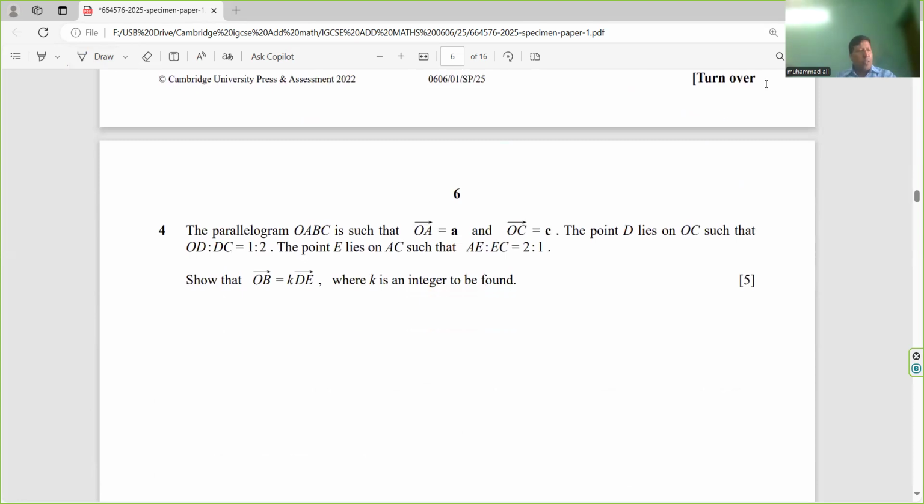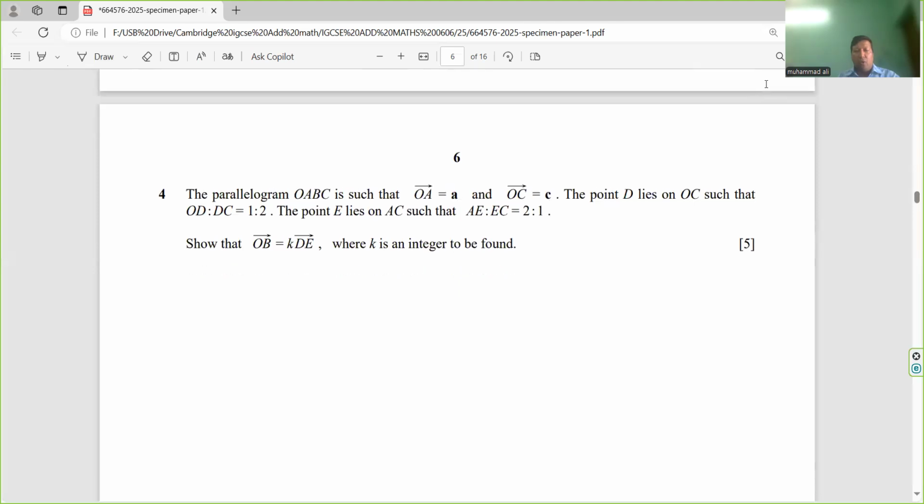Number 4, this is very important maths. All are very important here. The parallelogram OABC is such that OA equals a vector. If I sketch the parallelogram here, this is OABC. OA equals a vector and OC equals c vector.